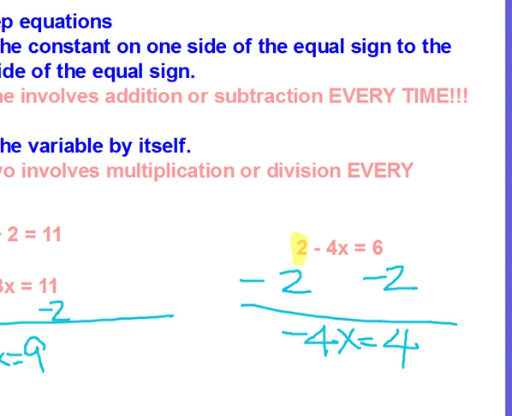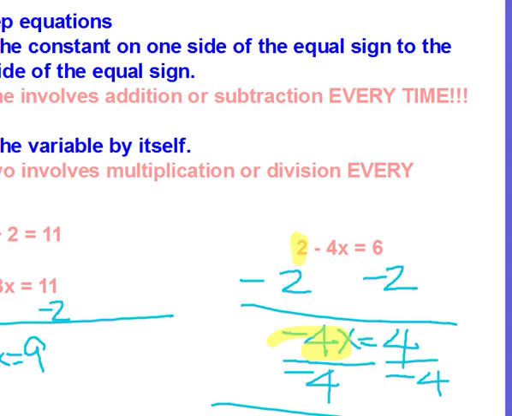Okay, now in here I see multiplication with the negative 4 and x, so I do the opposite, which is dividing by a negative 4. Then I'm going to divide by a negative 4 over here, and therefore you will see that x equals, and please say negative 1, because positive divided by negative is a negative. 4 divided by 4 is 1, never, ever 0.